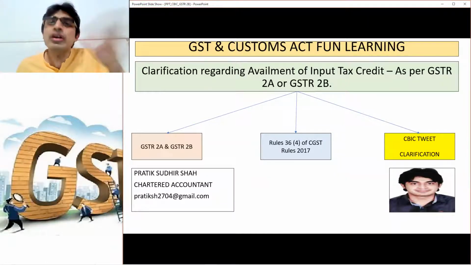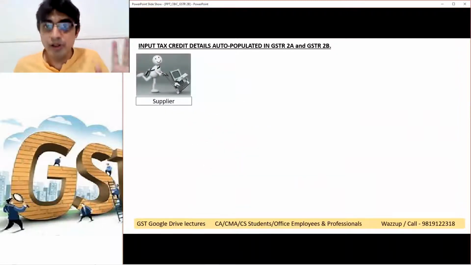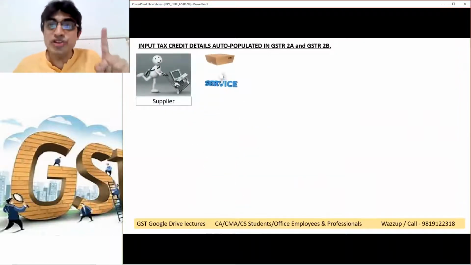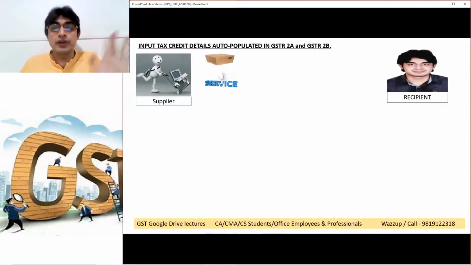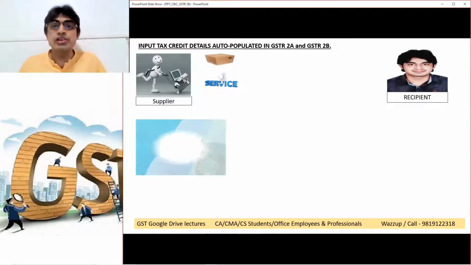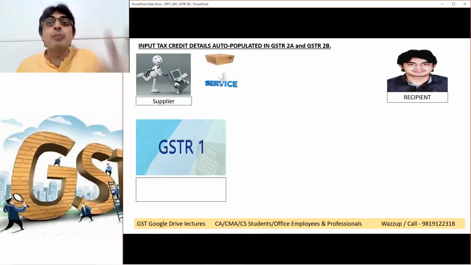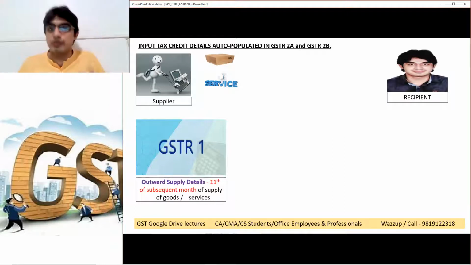So part 1, what is this GSTR 2A and 2B? For example, say from this supplier, I purchase goods or I have availed service. Now as a supplier, which return this supplier shall file? GSTR 1, which he will file by 11th of the subsequent month.